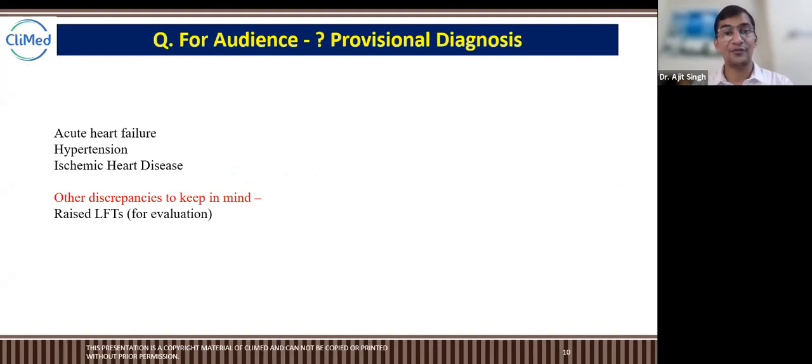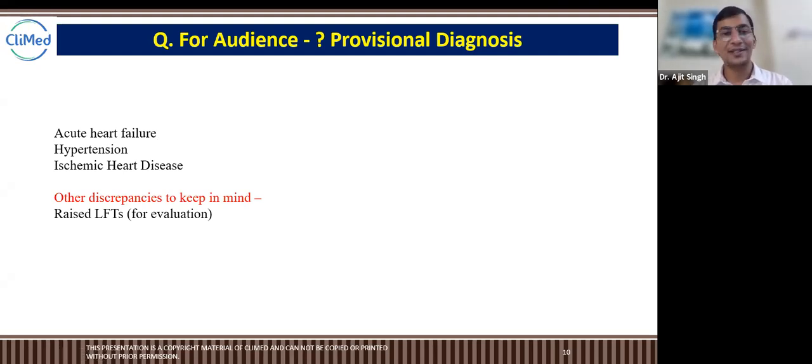Acute heart failure, when we are talking, considers the pulmonary edema as well, because acute heart failure is also called decompensated heart failure. It consists of congestion and pulmonary edema. So acute heart failure could be the provisional diagnosis.